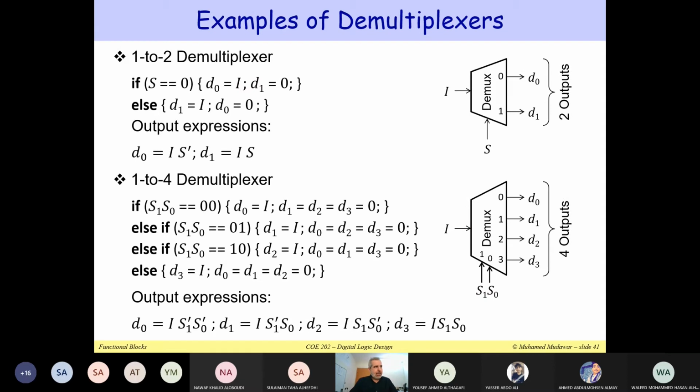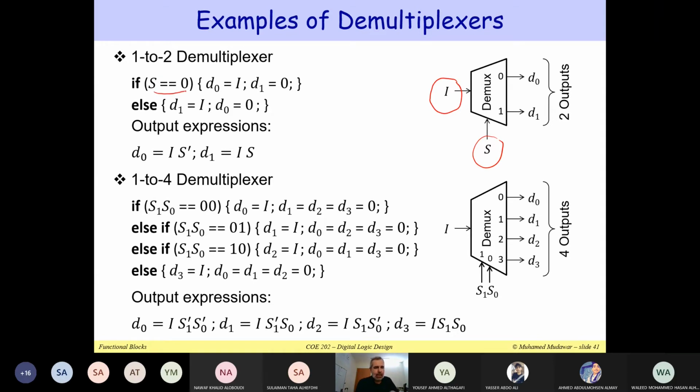I have examples here about demultiplexers. The simplest demultiplexer is the 1 to 2 demultiplexer. Notice that there is only one select input. We have the input I here. We have one select input. If S is equal to 0, we can express this with an if-else statement.